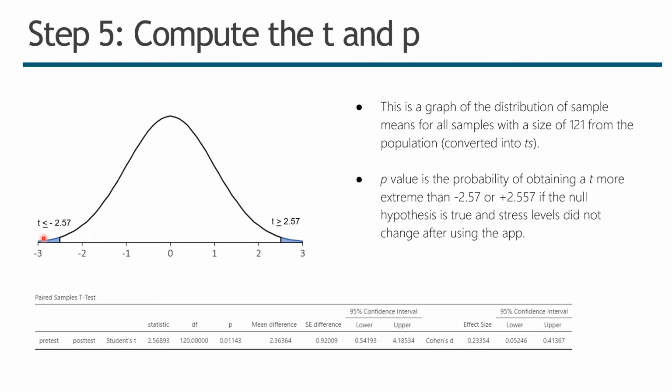So if I were to take a sample of 121 people from the population, what's the probability that I would get a t as extreme as the one I obtained or more extreme if in fact the null is true and the treatment really has no impact on people's stress levels? In this case, our p-value is 0.01, which is a very small probability that I would pull that sample just due to sampling error, or to pull a sample mean that extreme just due to sampling error.